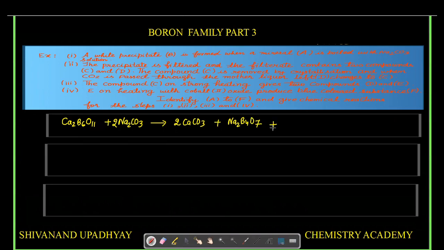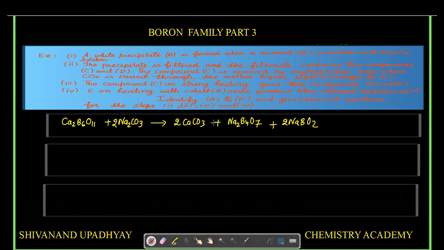And among those 4 tetrahedral units, only 2 units will be left. So I can write that along with NaBO2. Here I am not writing hydrogen and oxygen, that water molecule I have removed, because the reaction is taking place at higher temperature. Writing this way is easier. That's why we are writing in this way, right? So this is the reaction taking place. I think the reaction is balanced now. Yes, the reaction is balanced.